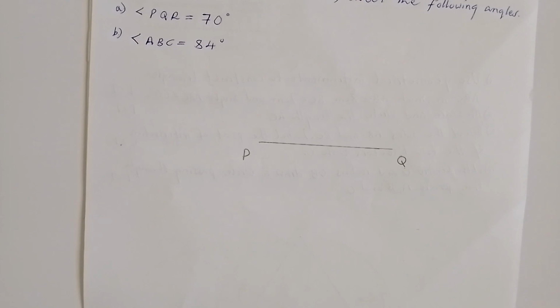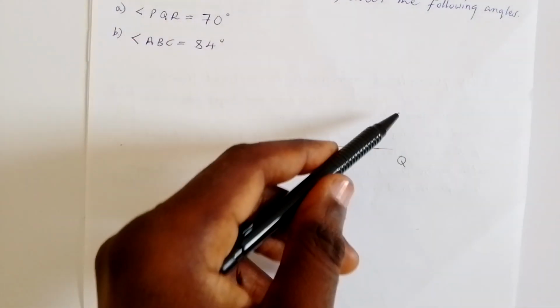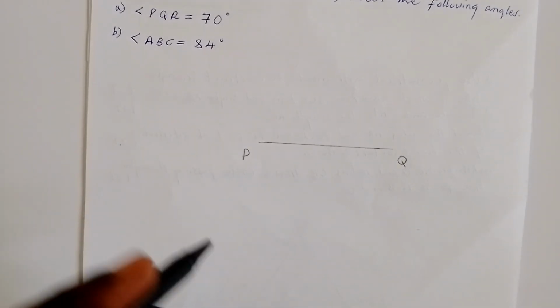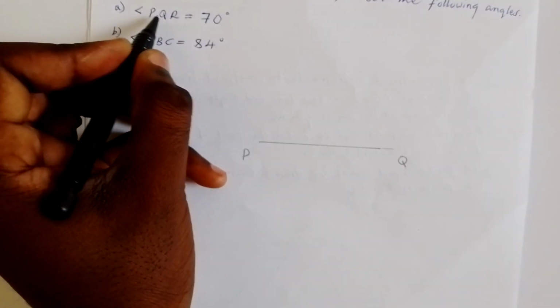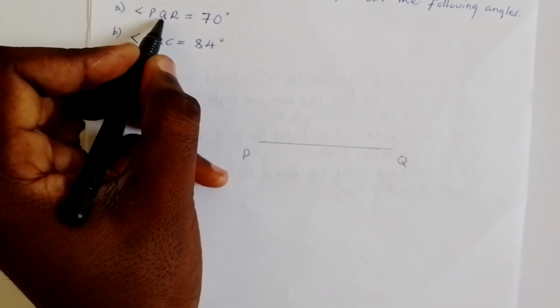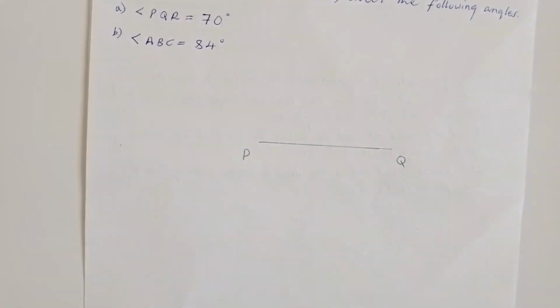Since Q is my vertex, R will be somewhere on this side, meaning the angle is going to be measured at Q. Since we are saying PQR, Q is the middle letter, so the angle will be measured at this end. Now I get the protractor.